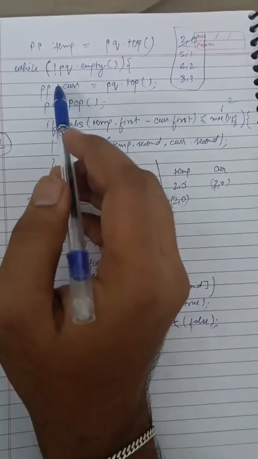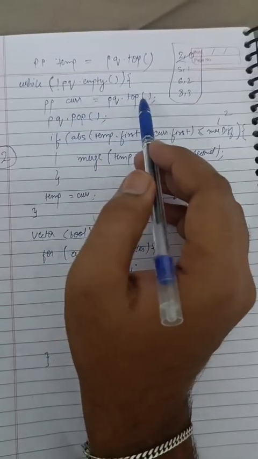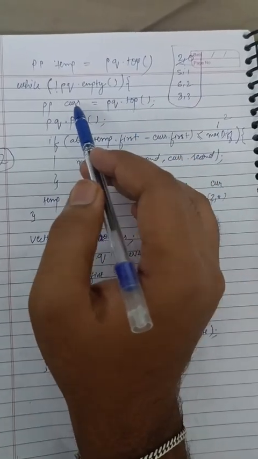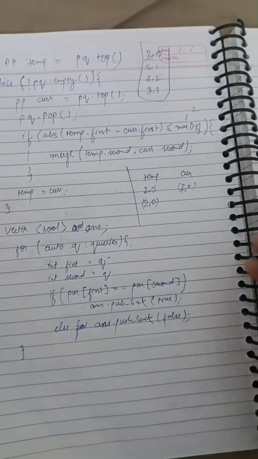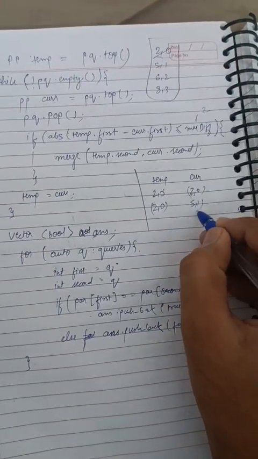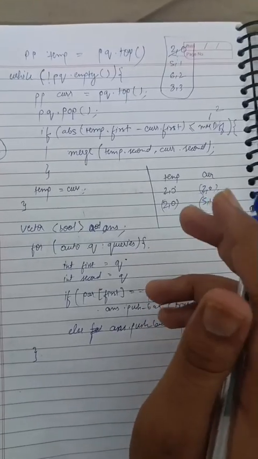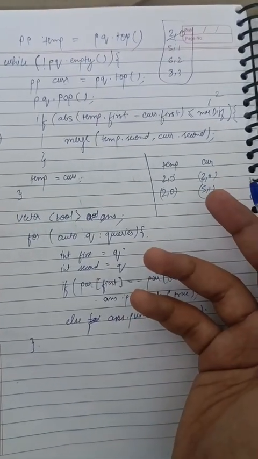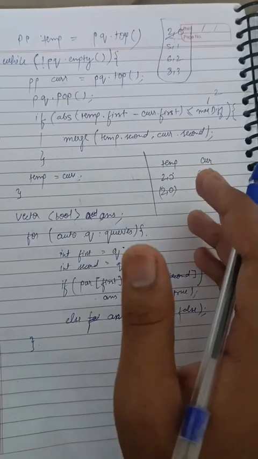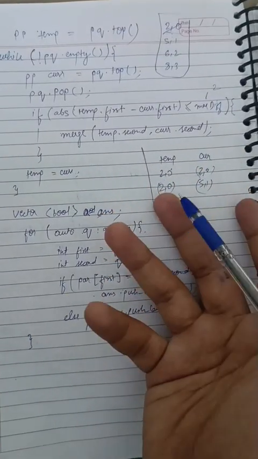Now PQ is not empty. PQ top is now current. 5 comma 1 is my current now, because initially you see there will be a leader, right? If no group is formed, the first element will be the leader itself.